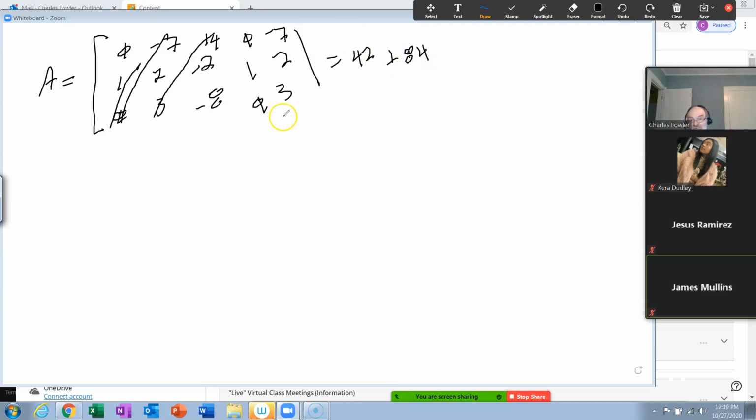This is getting messier than I thought. I botched something up there, didn't I? That up diagonal, that up diagonal.